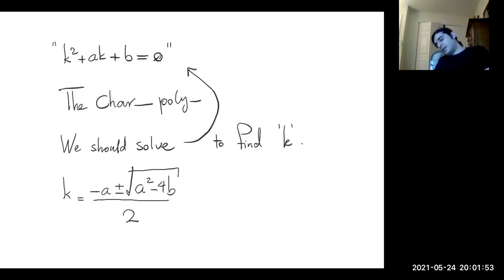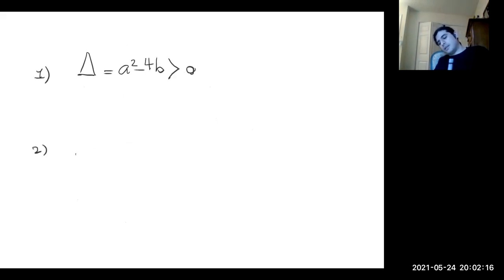Now define delta to be this value a squared minus 4b, which is under the radical here. As we know, there are different cases. In case number 1, this is positive. In case number 2, this is 0, and in case number 3, this is negative.